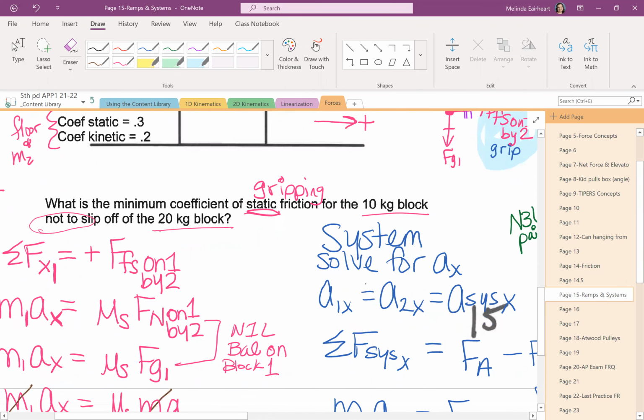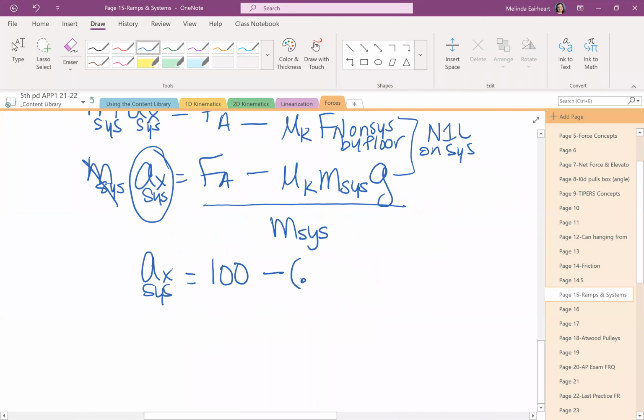0.2 kinetic, make sure you get the right one. Mass of system, 10 plus 20 is 30. And gravity, let's round it to 10. All over a system mass of 30.